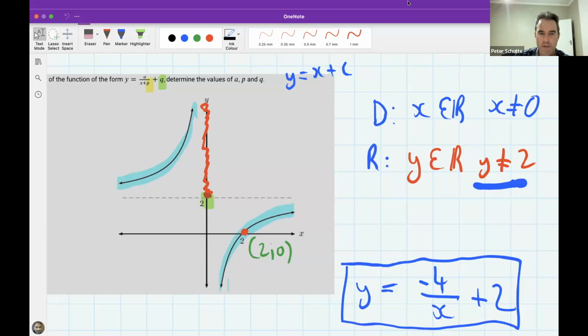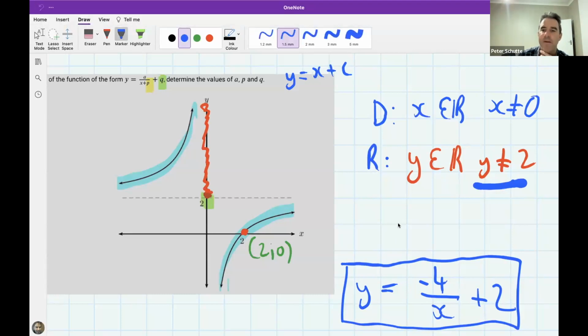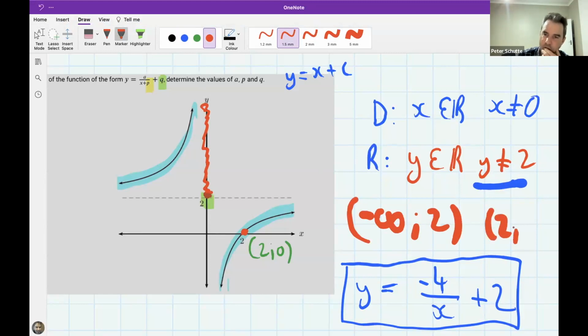Why can't the range be y as an element of infinity? Oh, okay. But y is an element of minus infinity to 2. The problem is that you've only got one half of it, right? If you go from minus infinity up to 2, then you also have to go from 2 to positive infinity.